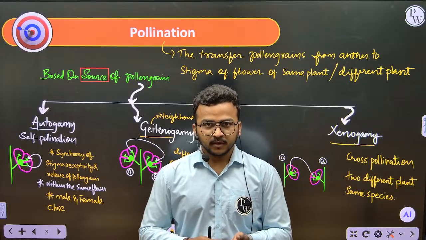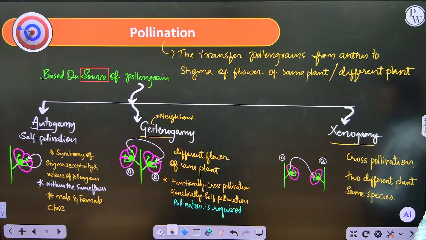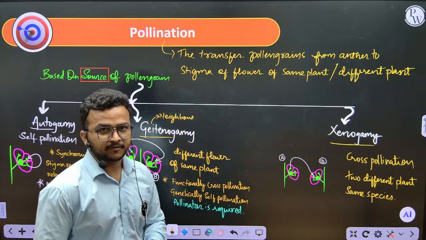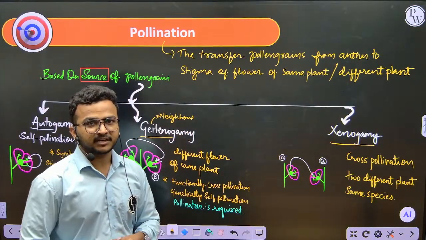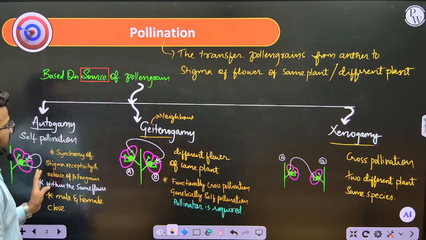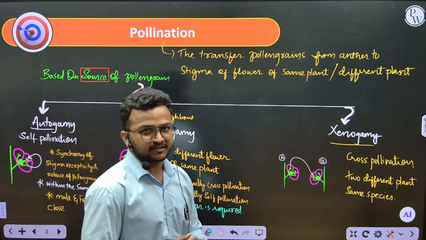So out of these three, autogamy, geitonogamy and xenogamy, in which group of flowers will we see more variation in the next generation?